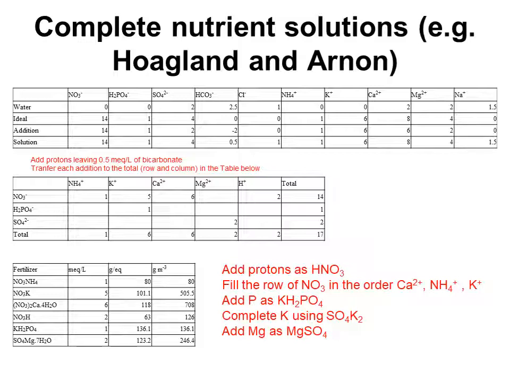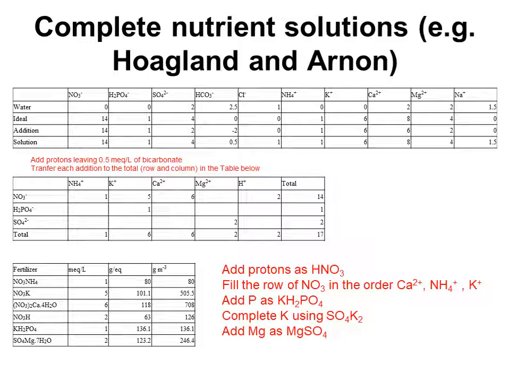In this example, we have a water that is like this. We have a water with no nitrate, 0 phosphate, 2 of sulfate, 2 milliequivalents per liter, 2.5 bicarbonate, 1 of chloride, 2 of calcium, and 2 of magnesium, and also some sodium, 1.5.